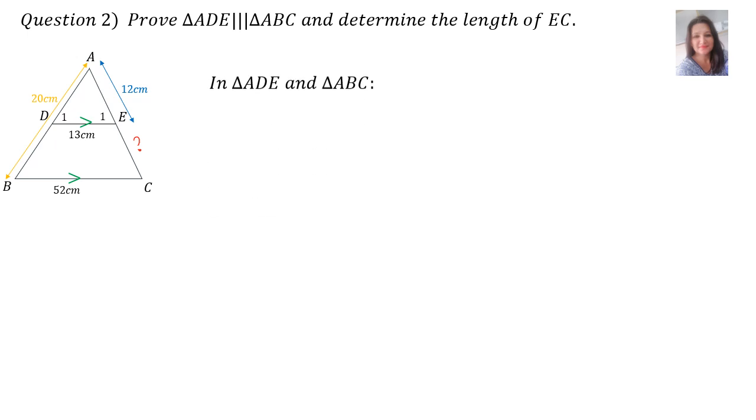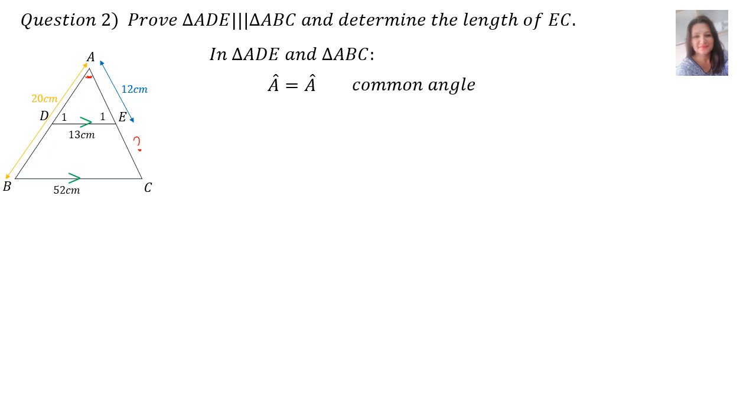Now, remember, when we want to prove 2 triangles similar, we need to find 3 angles that are equal. So we can start by looking at the little triangle ADE and see that angle A is equal to angle A. It's the common angle for both triangles.